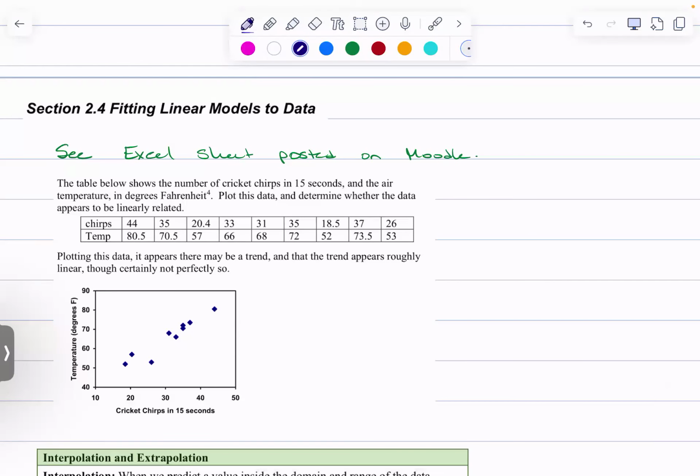Section 2.4 is fitting linear models to data, which is just touching into statistics, which is my jam, right? And so I get carried away in this section a little bit, but it's also one of the more common ways that we use straight lines, fitting linear models to data, right?